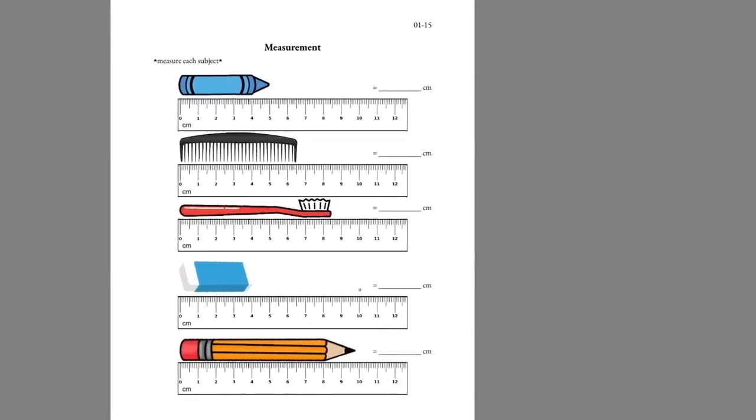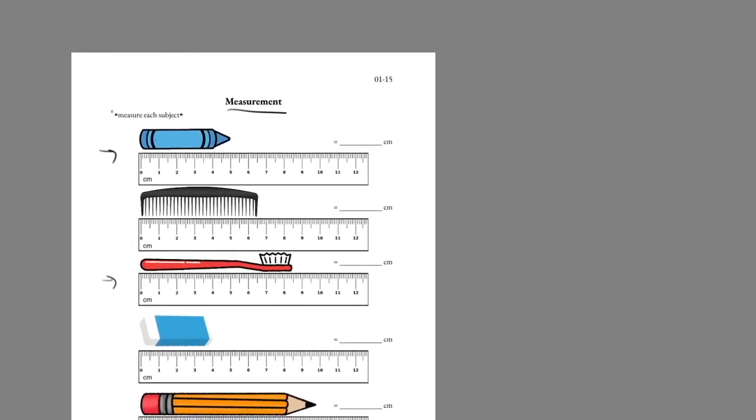Now page 3 is about measurement. Let's just do this problem, and yeah, let's just do those two. Now it says to measure each object. This crayon here, if we draw a line to where it stops, you can see it lines up with the 5.